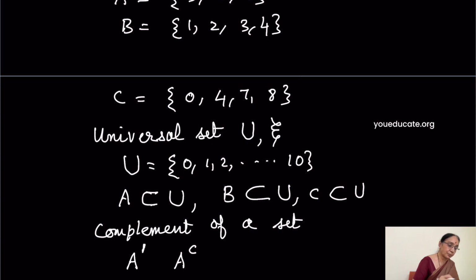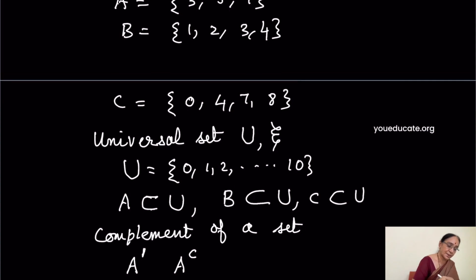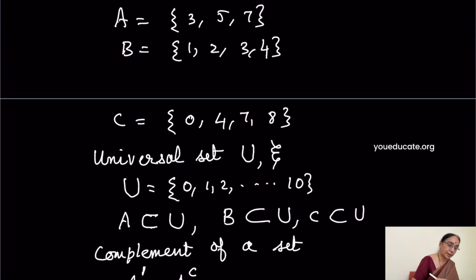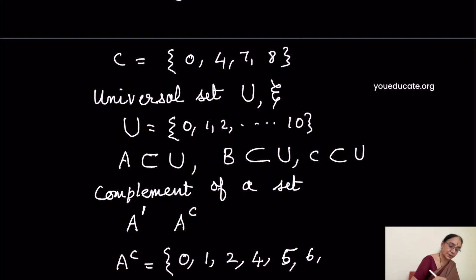So what is A complement? You have to remove the 3, 5 and 7 from the universal set. So you have 0, 1, 2, don't write the 3, write the 4, don't write 5, 6, don't write 7, then 8, 9 and 10.